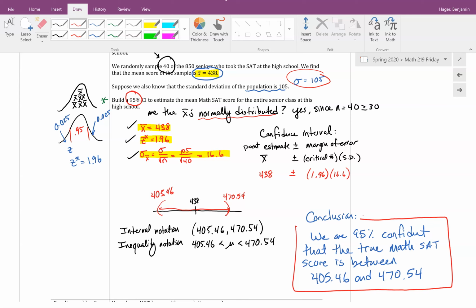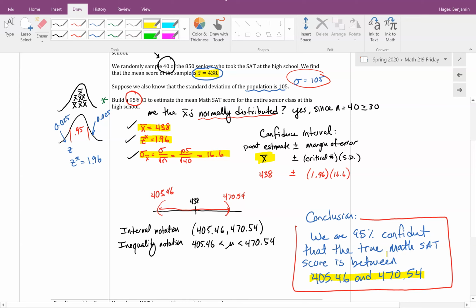We are very confident that the average math SAT score is between those two numbers. So we were able to make a very strong prediction about the population mean by only starting with our sample mean. Our sample mean allowed us to get a good estimate of the population mean to a high level of confidence.